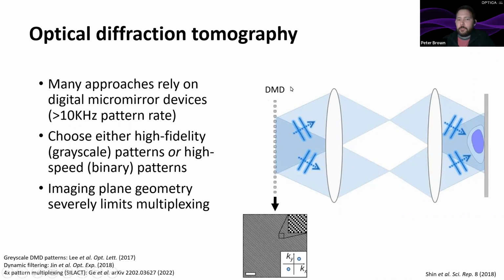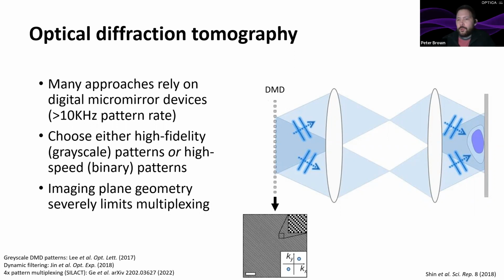Currently, DMDs are usually placed in a conjugate imaging plane to the sample, and patterns are generated by displaying a periodic diffraction grating on the DMD. This can either be done using a binary diffraction grating using Lee holograms, in which case the full speed of the DMD can be used, but the pixelated nature of these patterns generates unwanted diffraction orders, which compromises the quality of the patterns and the ultimate refractive index reconstruction.